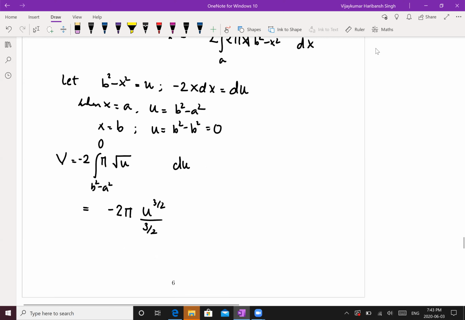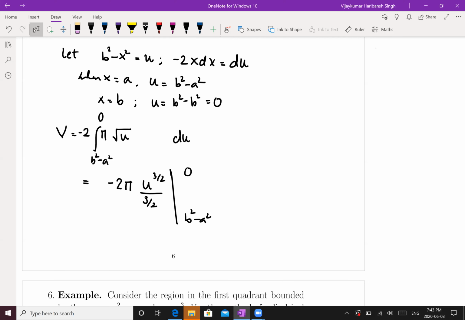Right? And then the limits of integration are b square minus a square to 0. So when you put 0, you will get 0. When you put b square minus a square, you will see minus of 2 pi with the minus of b square minus a square to the power 3 by 2 divided by 3 by 2, which is the same as multiplying by 2 by 3.